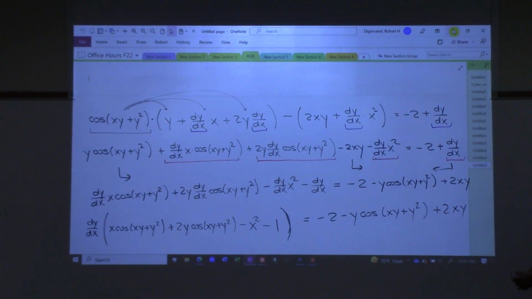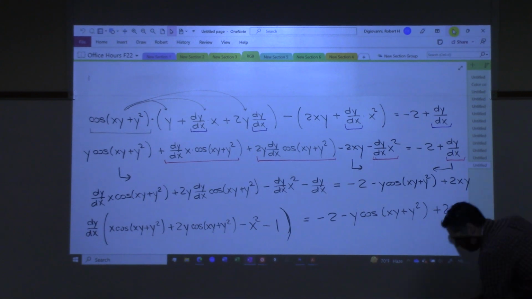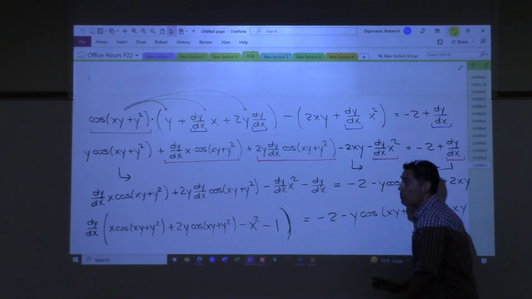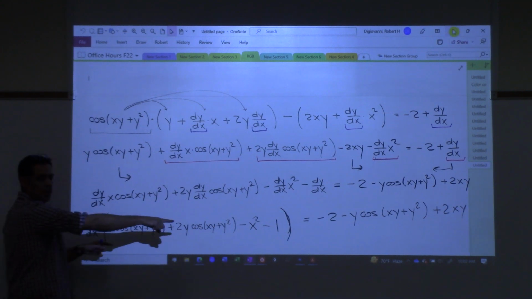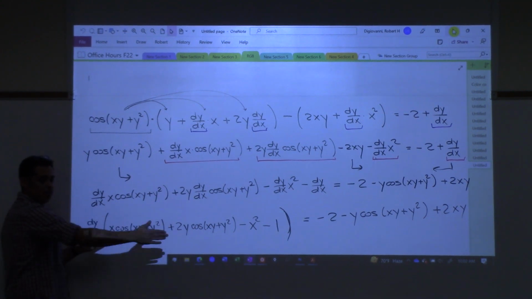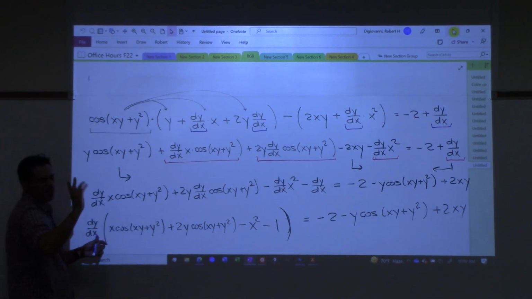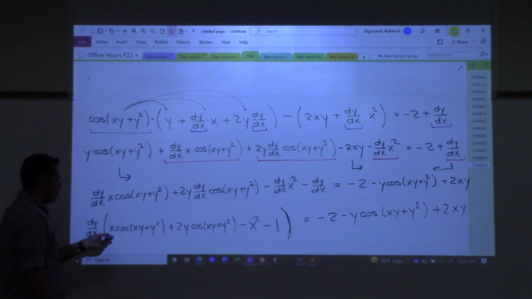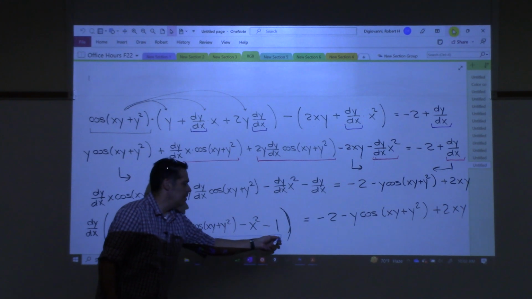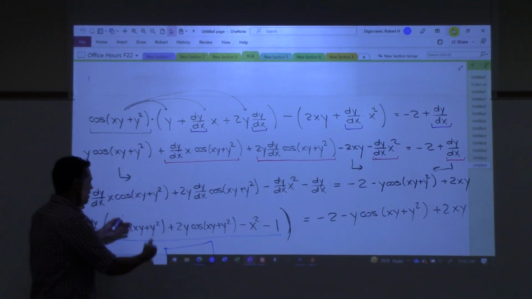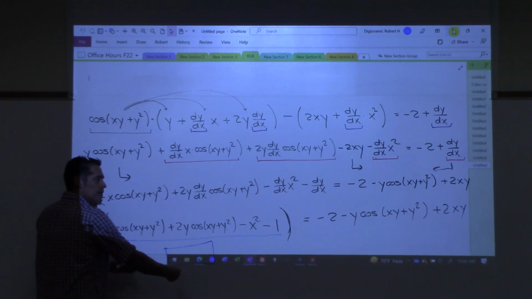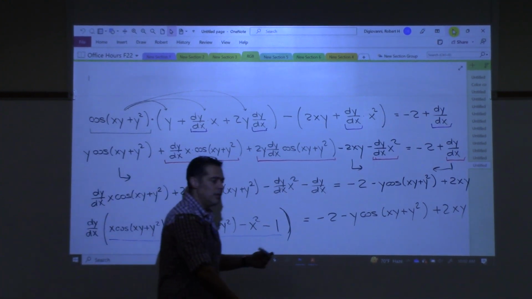What's my final step? You want to get this by itself, right? So you want to get rid of all that, so you have to do what on both sides? Divide that whole thing. So this whole big ugly thing, right? You're going to take this whole thing and divide by it. You're going to divide it over here by itself, and then over there you divide it as well.